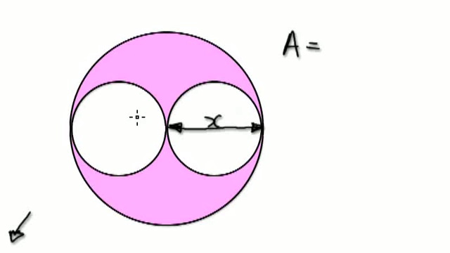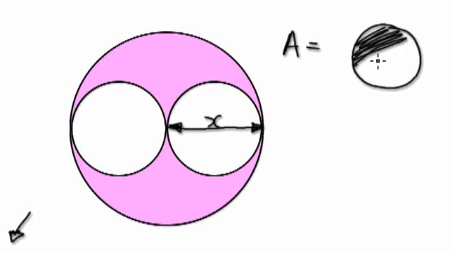Okay, here to work out the area of the purple shaded bit, you've got to work out the area of the big circle, and then you take away this circle here, and then you take away this circle here, and what you're left with is basically your desired shape.